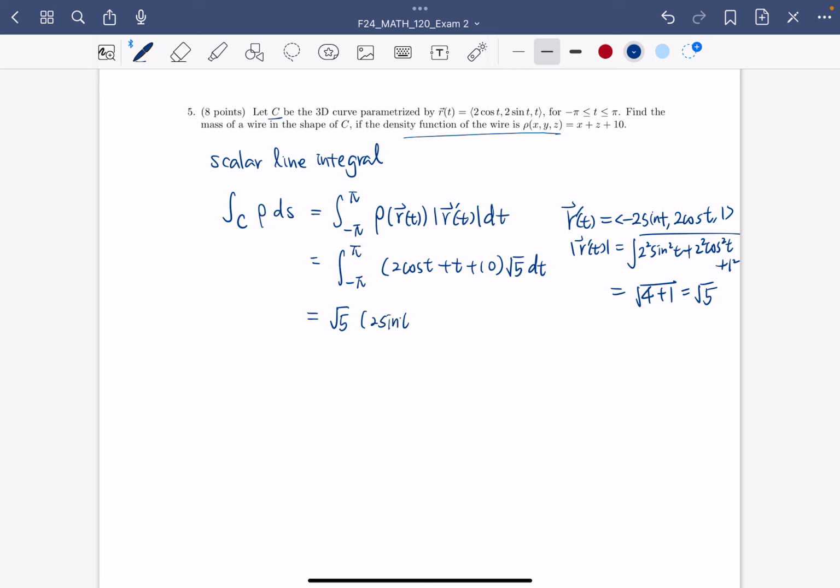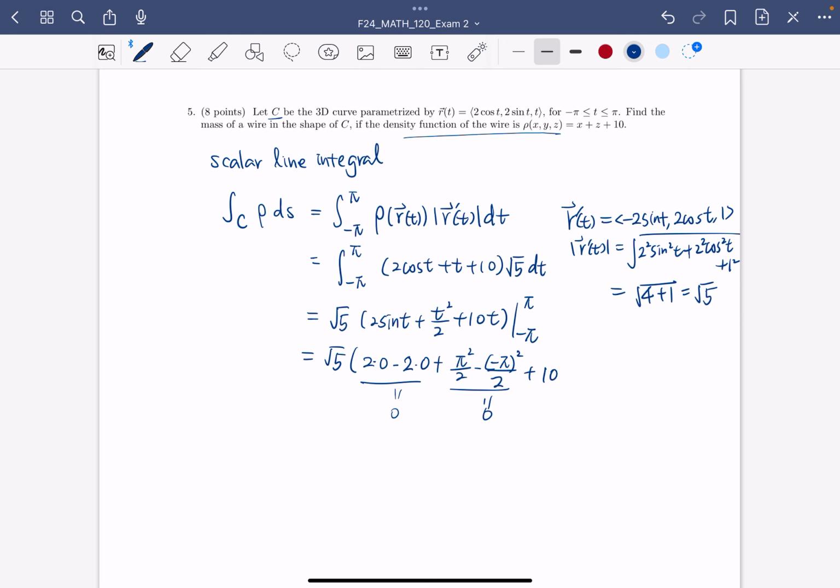It's just a scalar multiple. And let's compute this integral directly. Okay, so sine pi equals 0 and sine minus pi also equals 0. Sorry. And pi squared over 2 minus negative pi squared over 2, so this also equals 0.